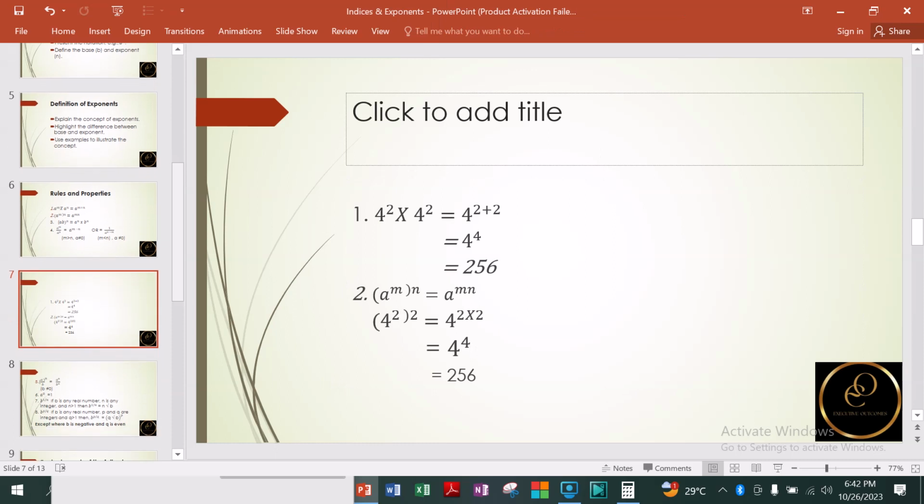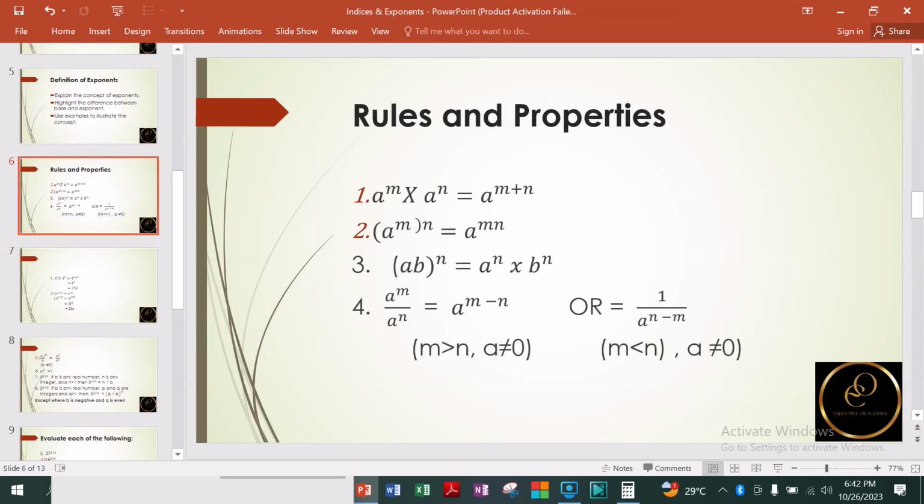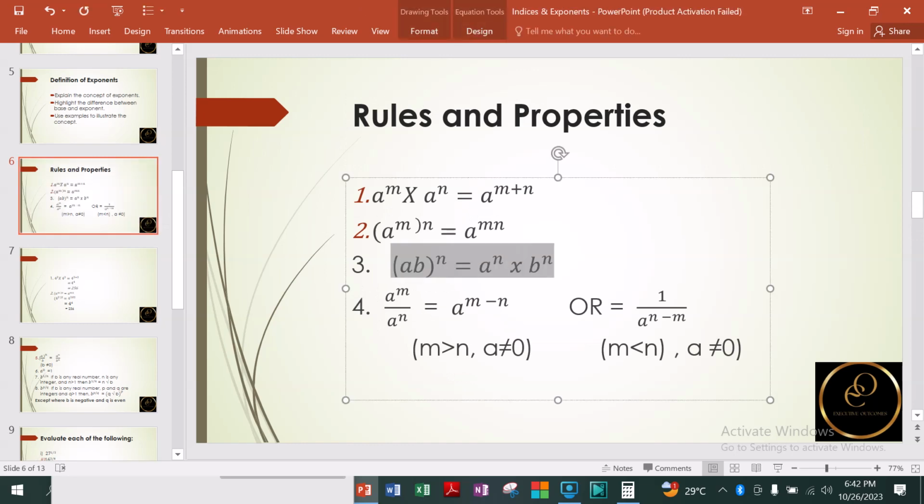The rule number 3. This is where you have this one. So let's see how it is applied.